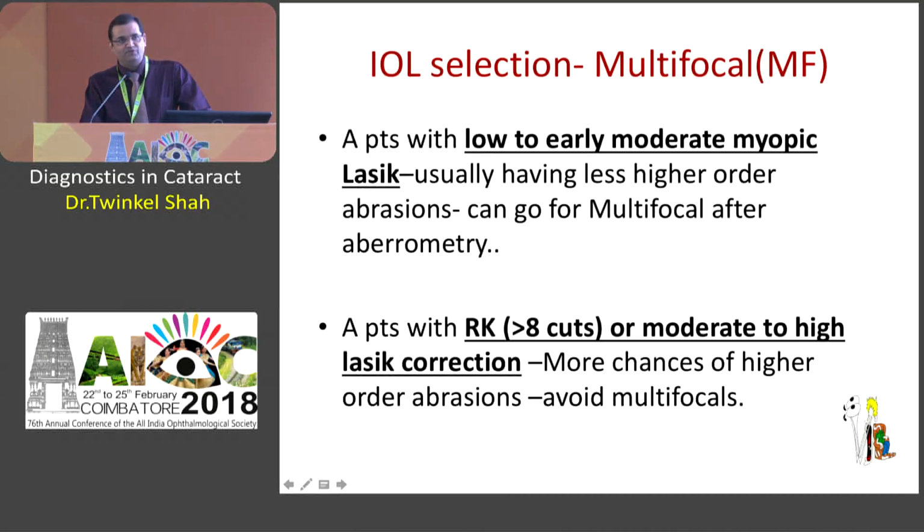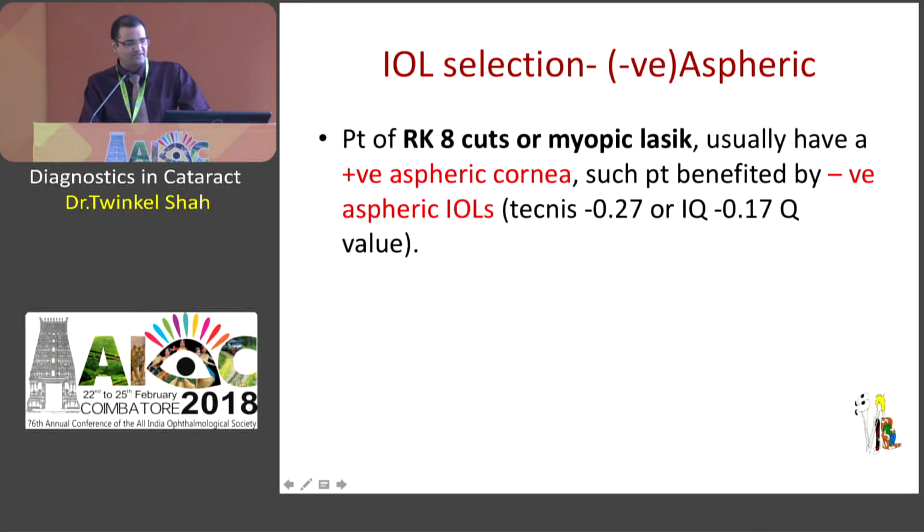Should we go for multifocal in these patients or not? A patient who has had low or early moderate myopic LASIK may have fewer higher order aberrations. Do a topography. If you have a good corneal topography and good aberrometry, you can go for multifocal lenses. But a patient who has had more than 8 RK cuts or a moderate to high LASIK correction has bad corneas and very high higher order aberrations, so avoid multifocals in such patients.